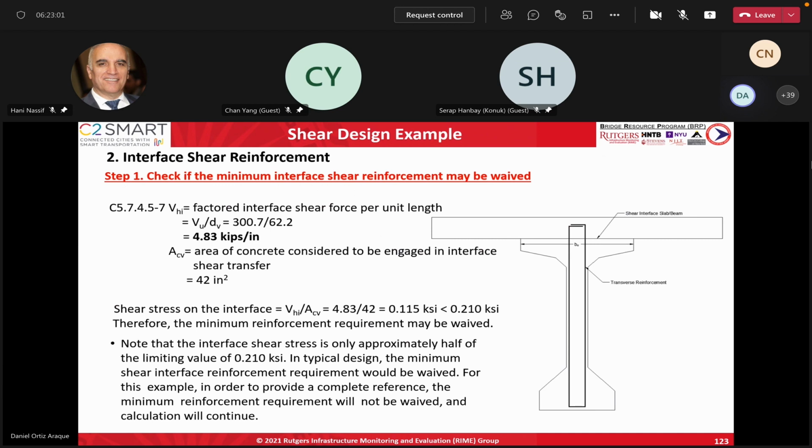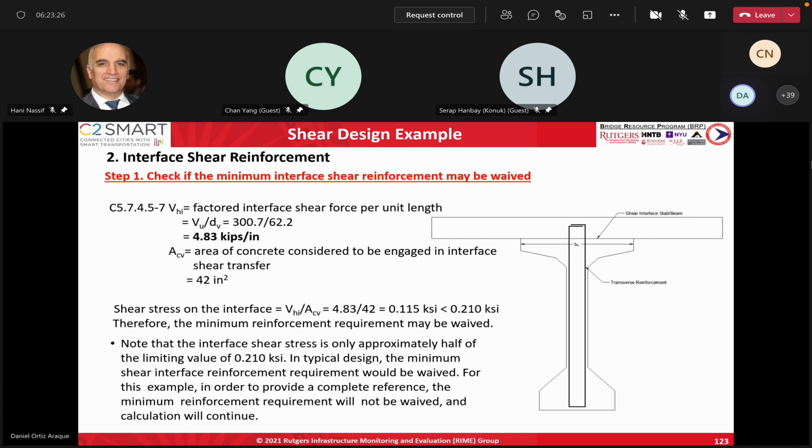Which is basically what I'm showing in this picture. The stirrup has been extended into the slab, and now we can check if we need to provide more reinforcement or not. For that, we calculate the factored interface shear, and we also need the area of concrete that is assumed to be in the shear transfer.